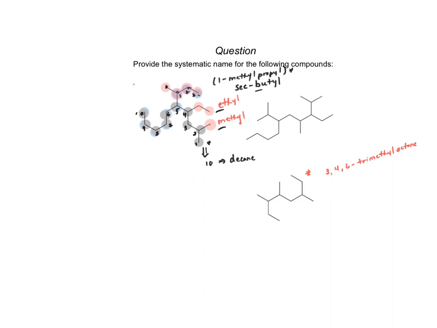So this one will come first because B comes before E and M. So that sec-butyl group is at the 5 position. So this is 5-sec-butyl. Then the next one is the ethyl, alphabetically. So this is 4-ethyl. And then the last one is the methyl, 2-methyl. And then we move into the parent, which is decane.